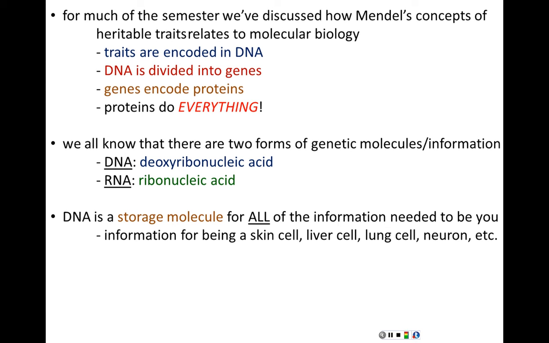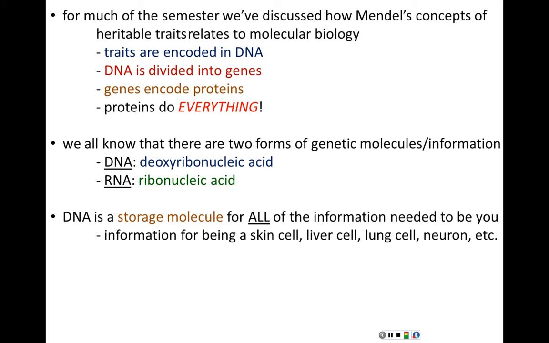So in every single one of your cells, because every single one of your cells has an identical genome, the DNA is identical in all of your cells except your gametes, in every single one of your cells is the information for being a skin cell, a liver cell, a lung cell, a neuron, etc. What do I mean by saying the information for being these cells is there? Well, what I mean is the information for building the proteins that a skin cell needs is in every single one of your cell types.